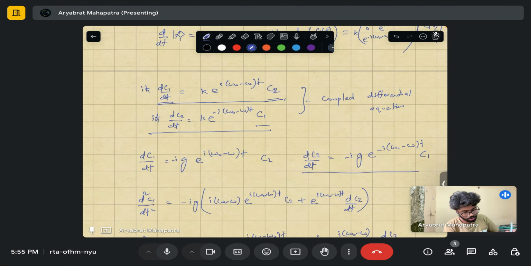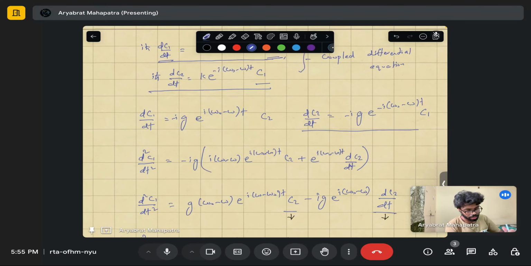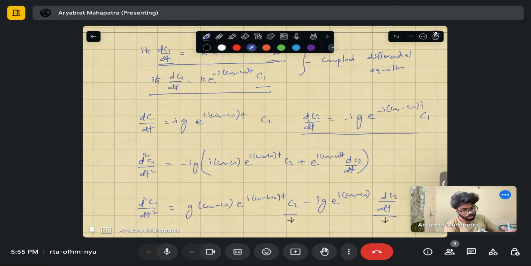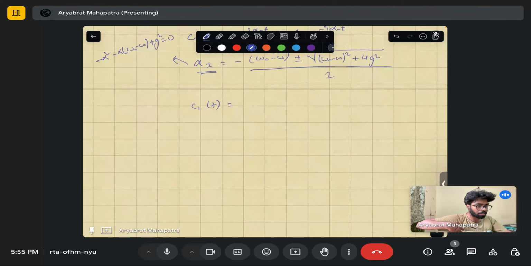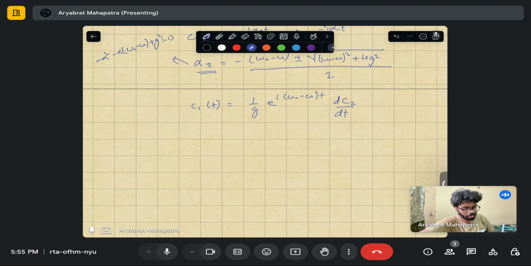Here I don't have to solve any differential equation. I know C2, I just take the derivative of C2 and I get C1. So C1 will be something like 1 by Z I omega naught minus omega t dC2 by dt.